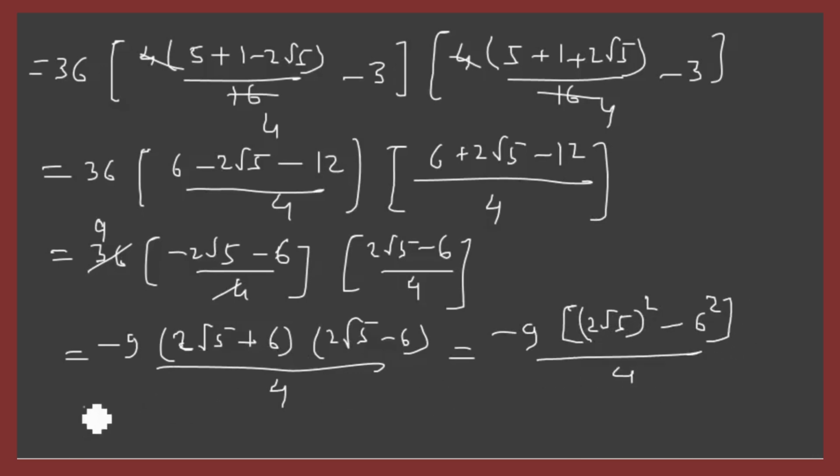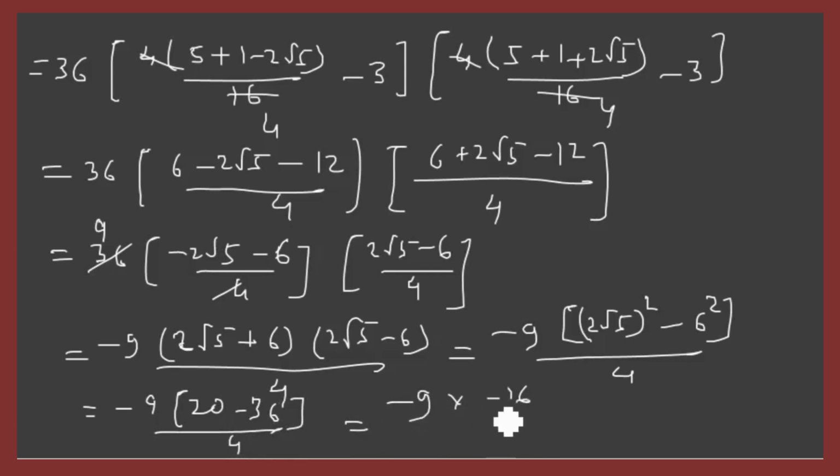So we get minus 9, this is 2 into 4 into 5, 20, right, 20 minus 36 divided by 4, so this is minus 9 and minus 16 divided by 4. So cancel this out 4 times, and 9 4s are 36, minus into minus plus 36.